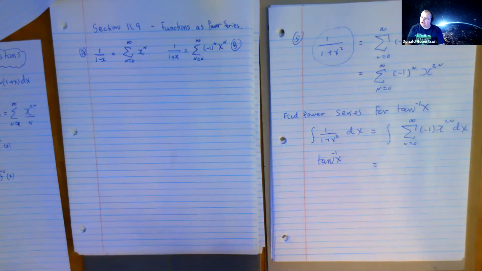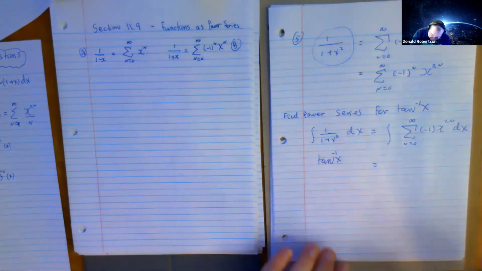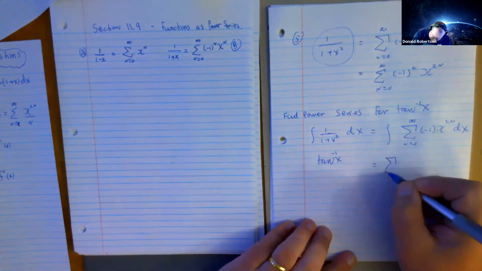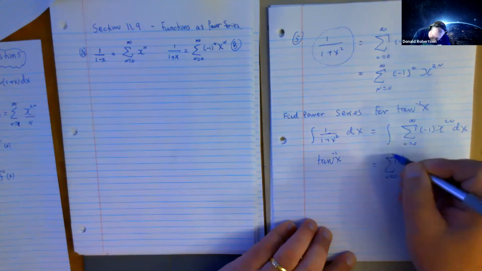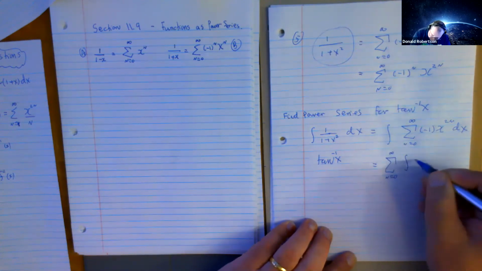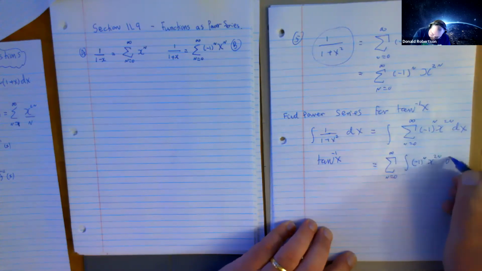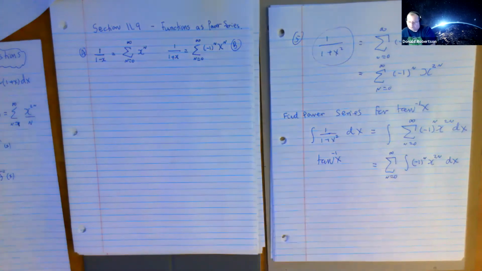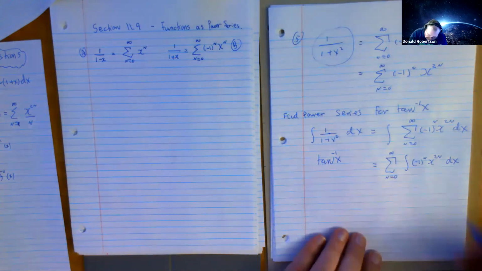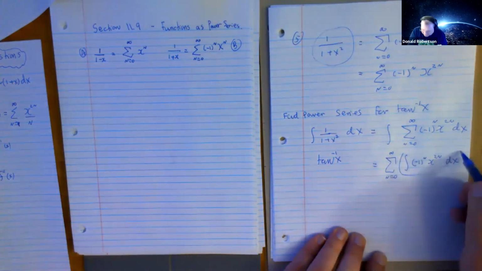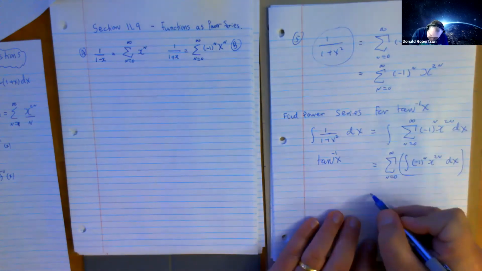In other words, you can switch them, which means I can now do the sum from n equals 0 to infinity of the integral of that. So summation and integration can be switched. I'll put a little bracket around that for emphasis.